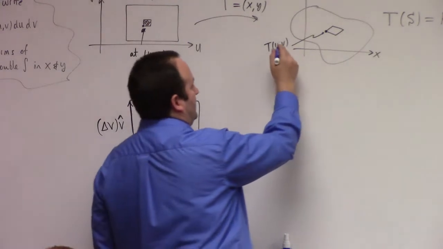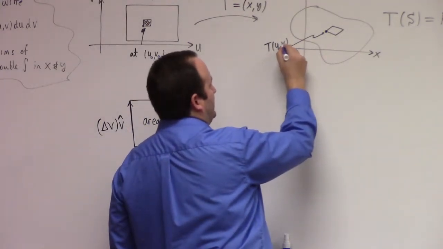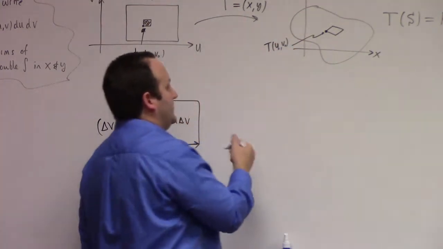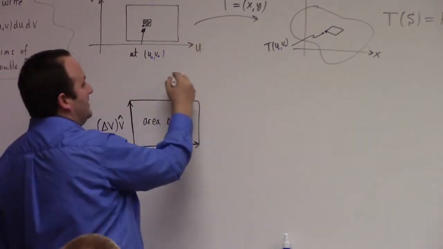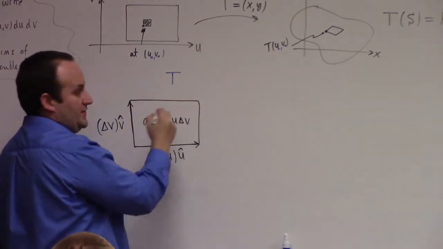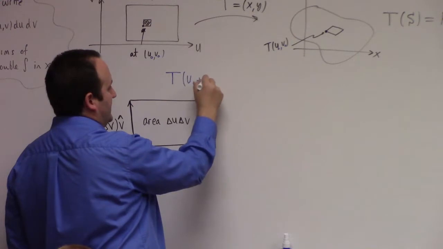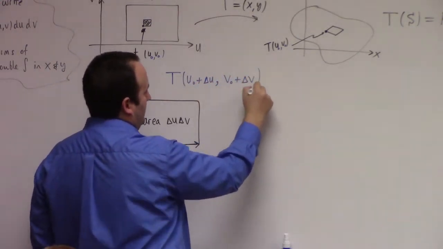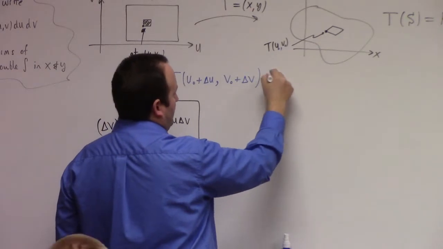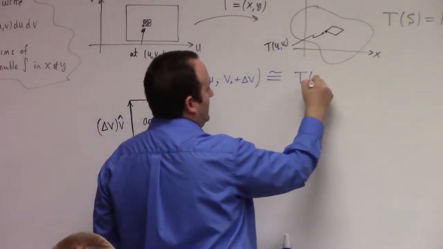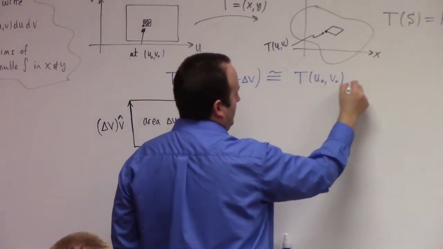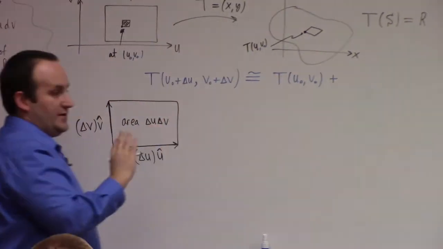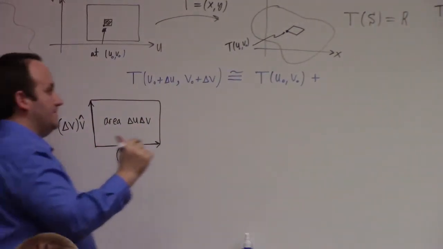So this point, we're talking about a fixed but arbitrary point. What's the linearization of this T about that point? I could write T of (u naught plus delta u, v naught plus delta v). That is, to a very good approximation, T of (u naught, v naught) plus the Jacobian matrix, which was what?